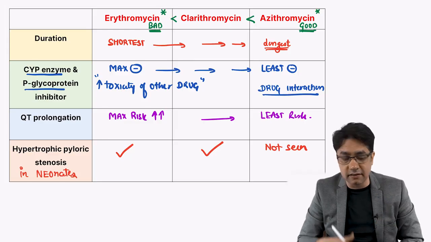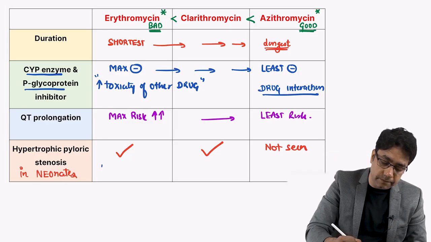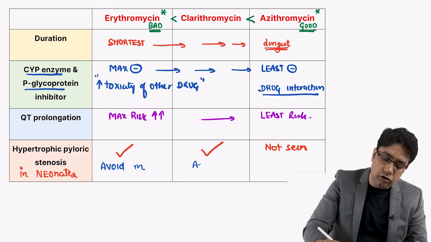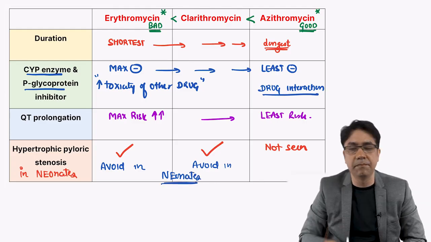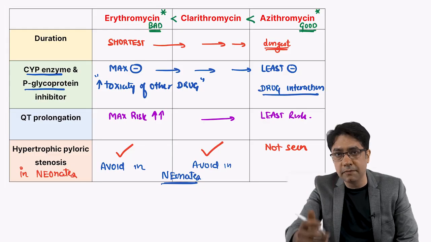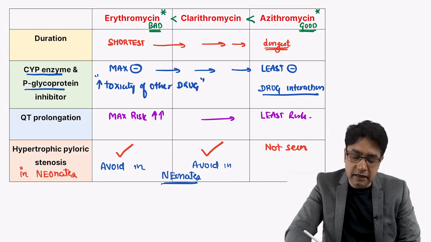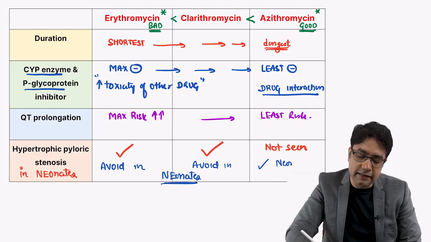Because of this reason, we avoid giving erythromycin and clarithromycin in neonates because of the risk of hypertrophic pyloric stenosis. So which drug among the three will be safe in neonate? Azithromycin is neonate safe.